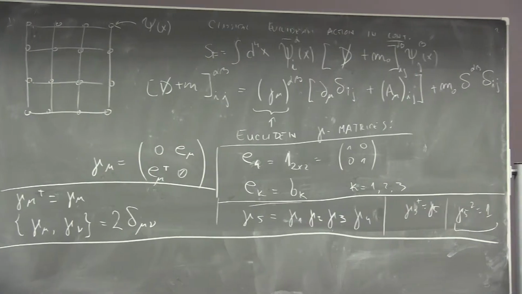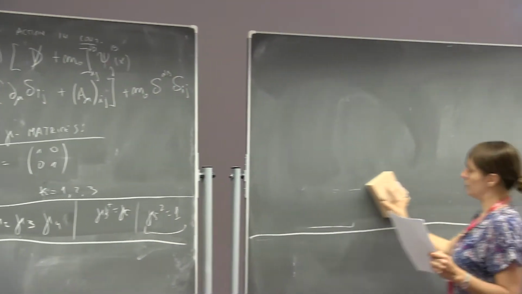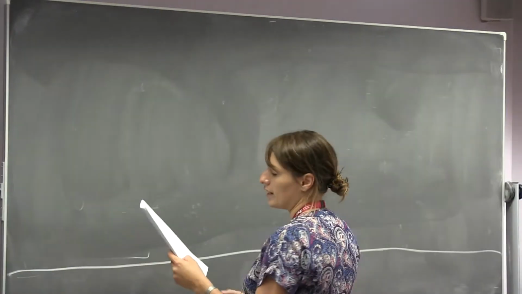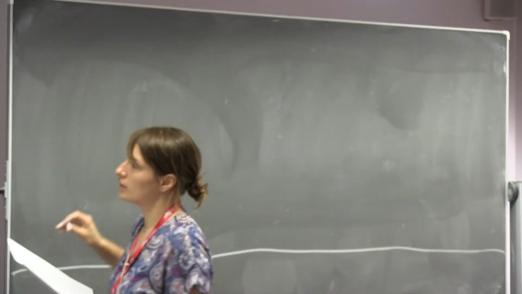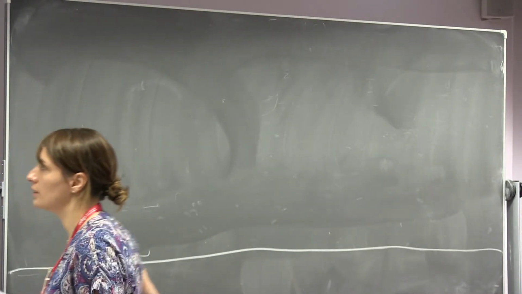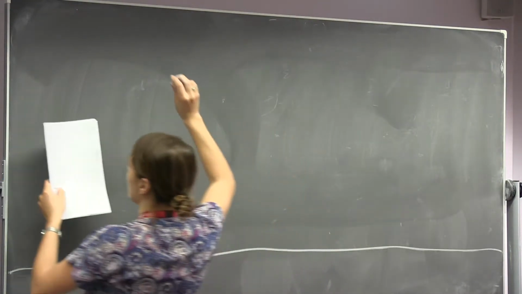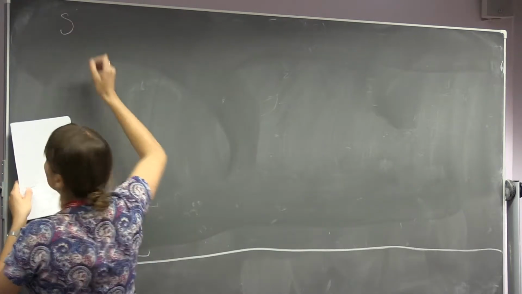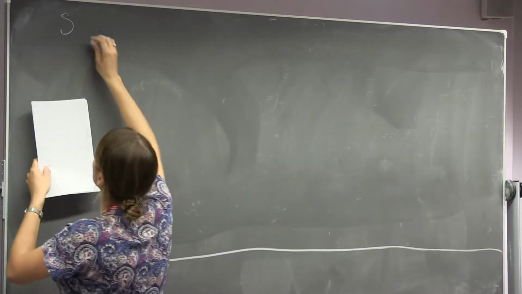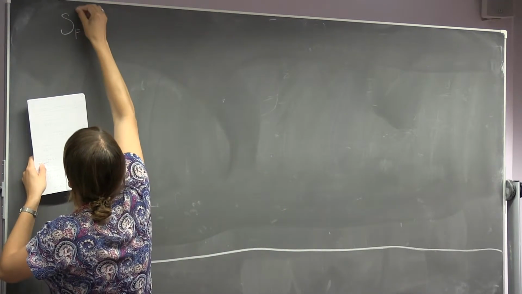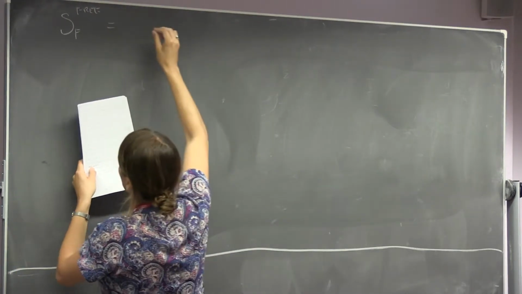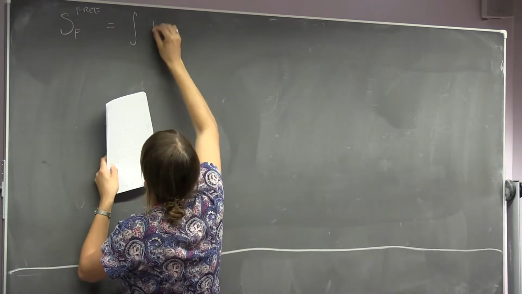So in order to separate the topics related to the discretization of gauge fields and the discretization of fermion fields, let us first look at the free fermion action. We will for now neglect the interaction term and write down the free fermion action in the continuum.